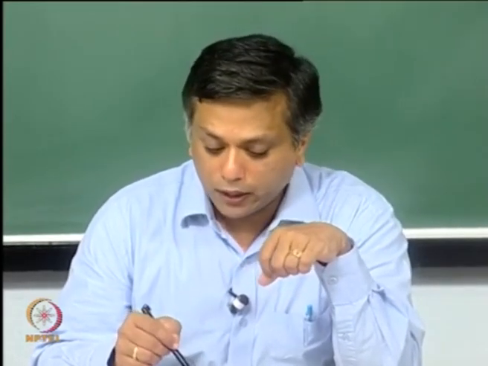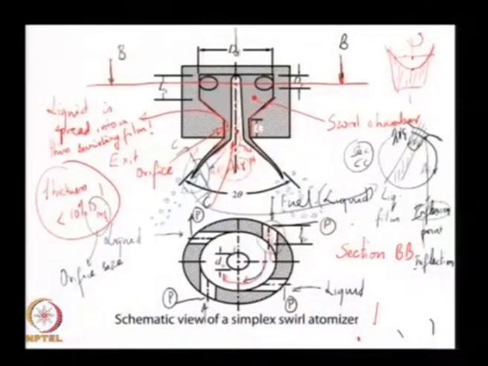So, the design parameters that you need to control these two qualities are provided by the tangential offset, so how far away from the center line is the tangential orifice, which in some sense controls the swirl momentum, and the second is the size and number of those holes. Those are usually the two parameters that you can control to affect the flow rate and the spray quality independently.